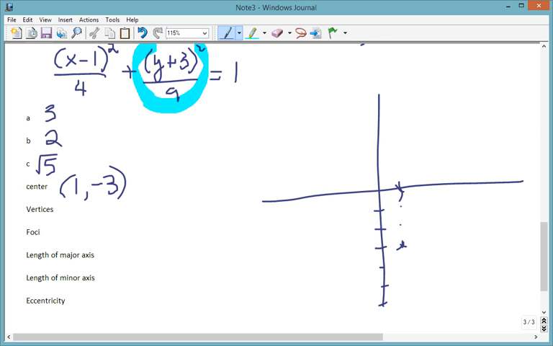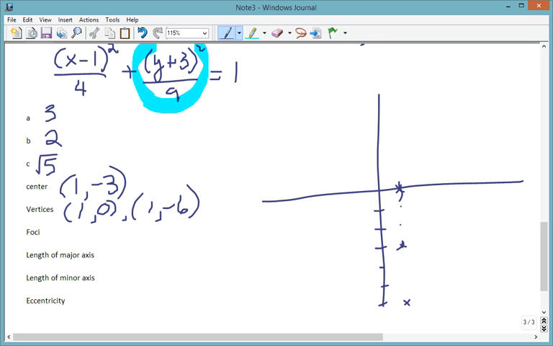And down 3, 1, 2, 3. So now all my x's are going to be the same here. They're going to go over 1. And now I'm going up 3 from that -3, so that's going to be up 0. And I'll go down 3 from the -3, so that will be -6.